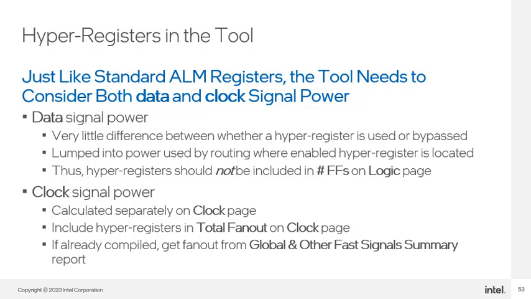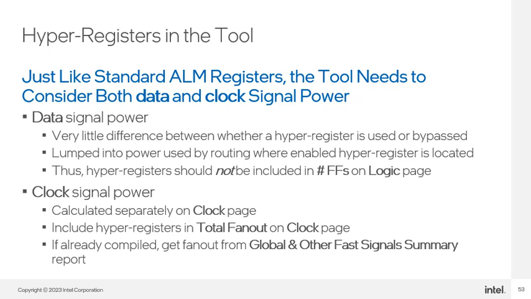As mentioned earlier, Intel Stratix 10 and Intel Agilex devices feature hyperregisters throughout the architecture. When the PTC calculates register power usage, whether they are registers in the ALMs or hyperregisters, it analyzes both the toggling of the clock and data signals.